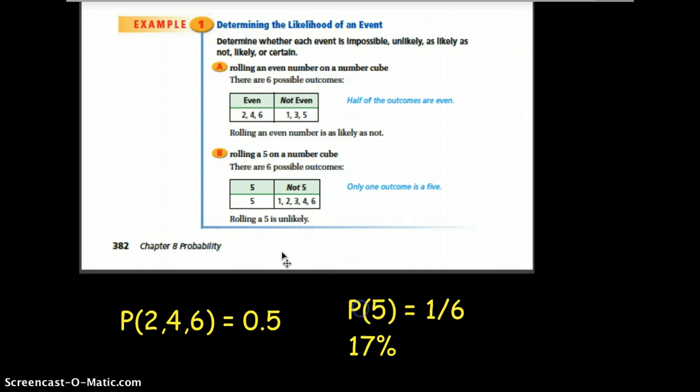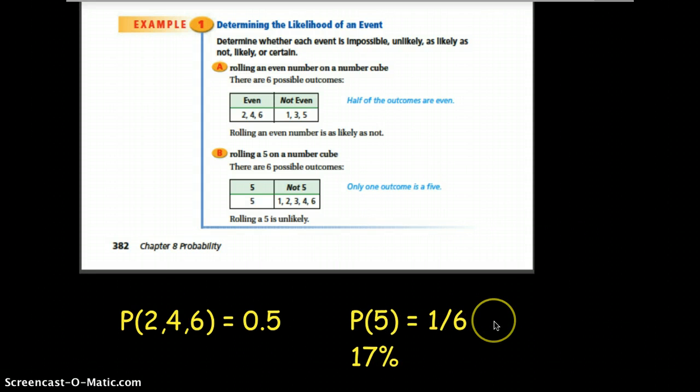In B, rolling a 5 on a number cube, there are 6 possible outcomes, so the 1 is what I want: the probability of getting a 5 is 1/6, which is the same thing as 17%. Whether you show it as a decimal, a percent, or a fraction like I've done here, they all mean the same thing.